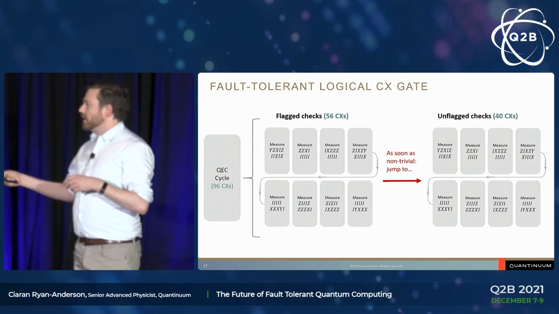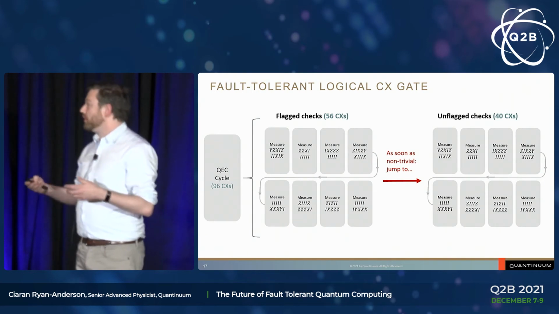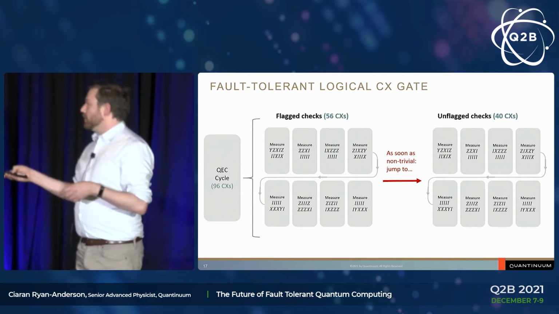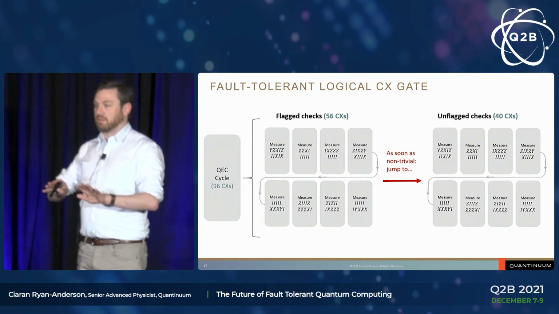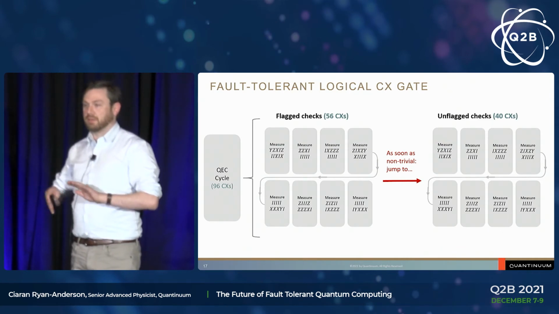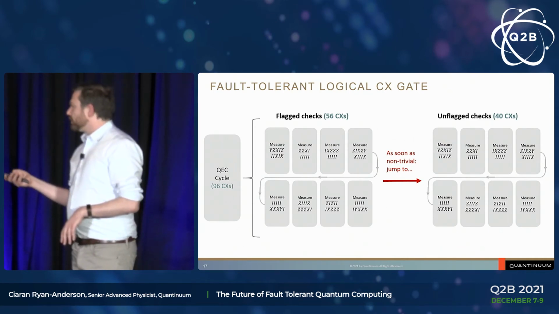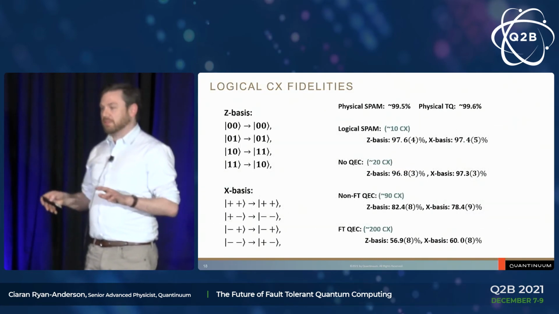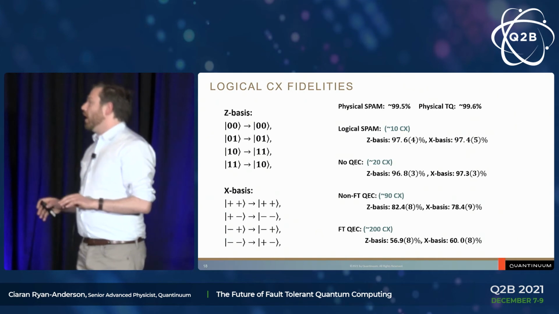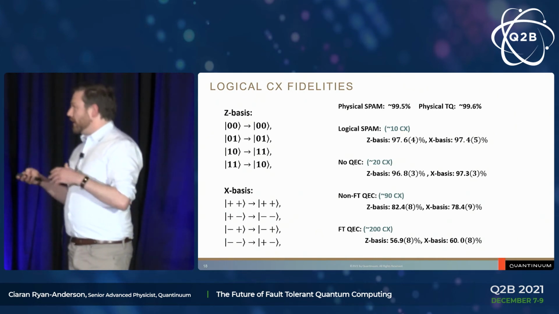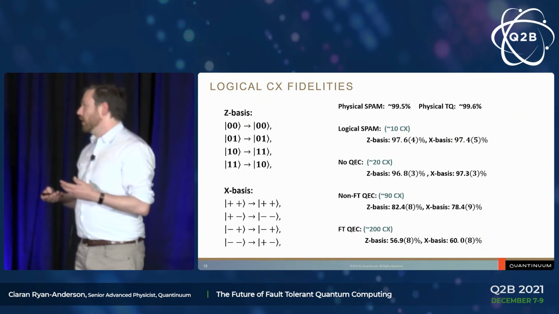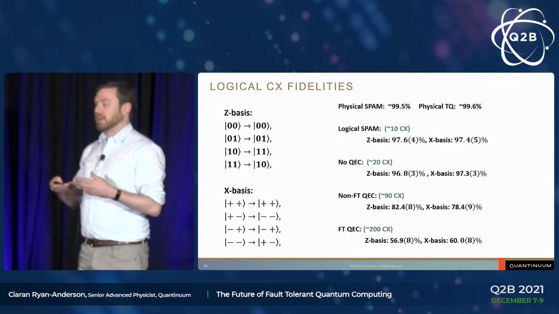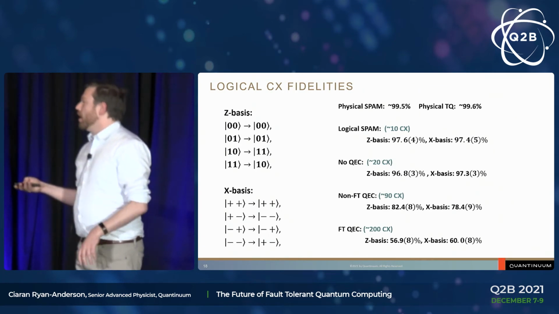Otherwise, if all these measurements have been trivial, then we don't have to do the unflagged check. So this is another case where we can skip things that we don't need to do. So yes, that is a really deep circuit that we had to do for this particular code, but it enabled us to do the logical CNOT gate fault tolerantly.